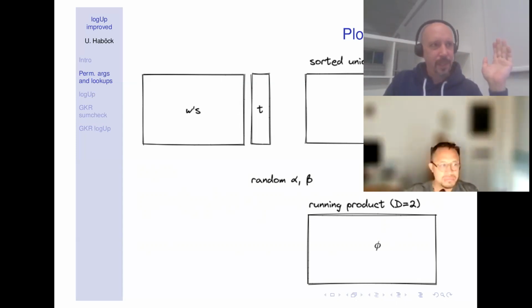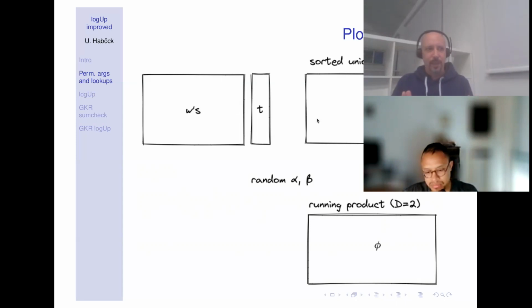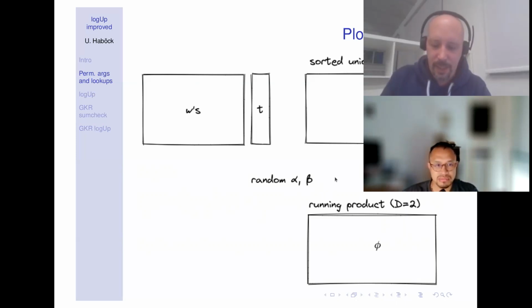So this is really as large as the same thing, so that you need to provide in any case. Then you sample the randomnesses to reduce it to a grand product argument, and you need to provide the running product for that grand product argument.